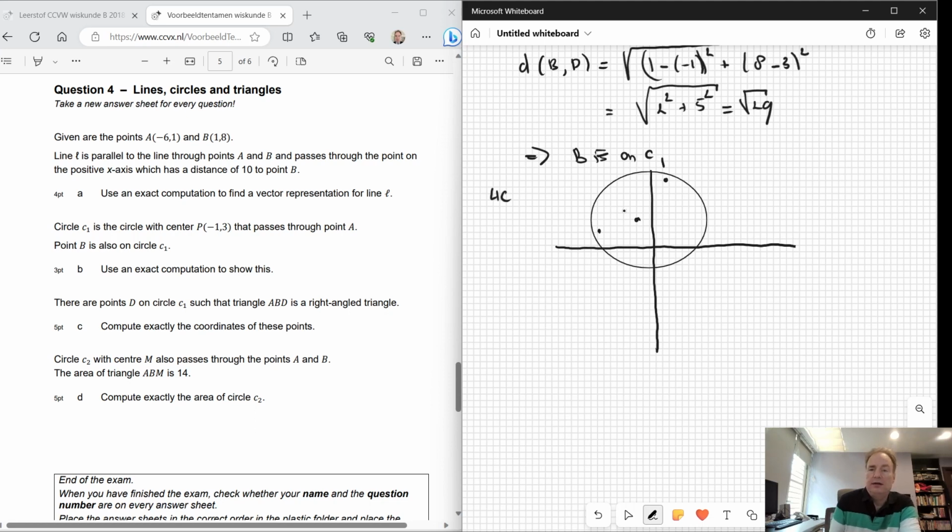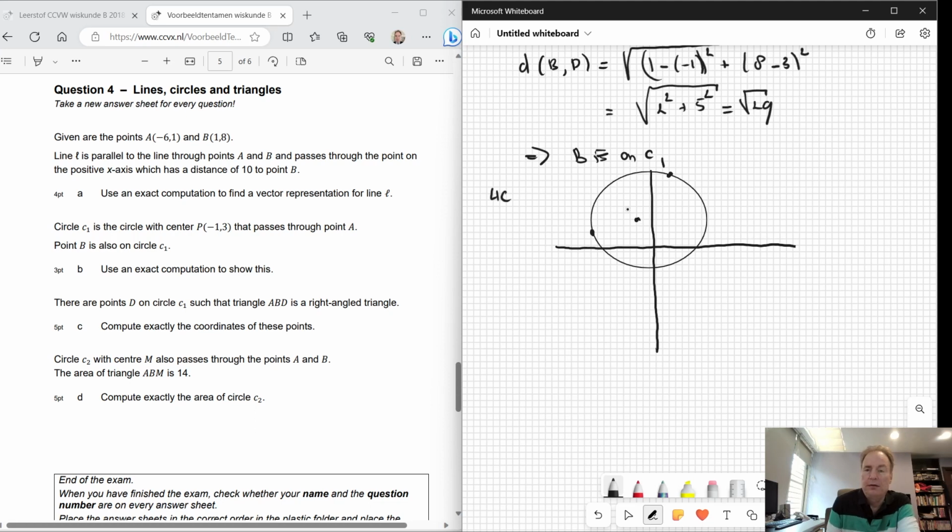So say A is here, E is here. So there's a point D for which ABD is a right angled triangle.